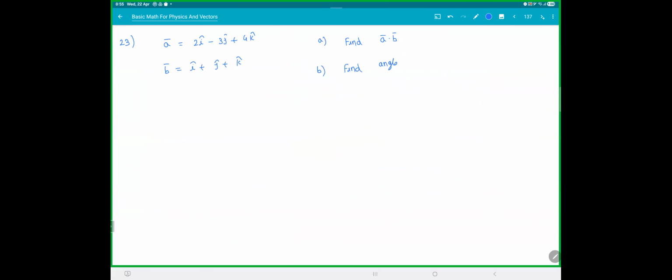Find the angle between A bar and B bar. Find the vector component of A bar along B bar. Find the vector component of B bar along A bar.